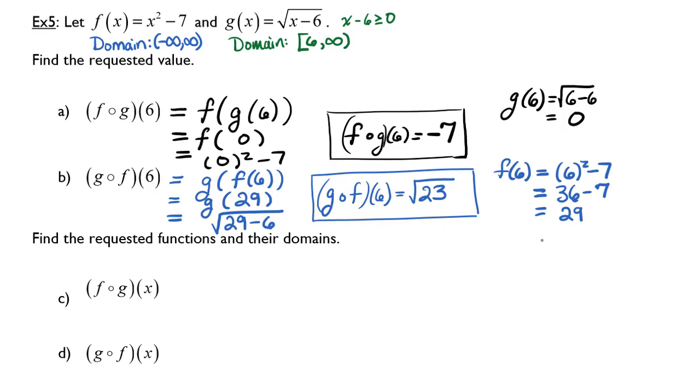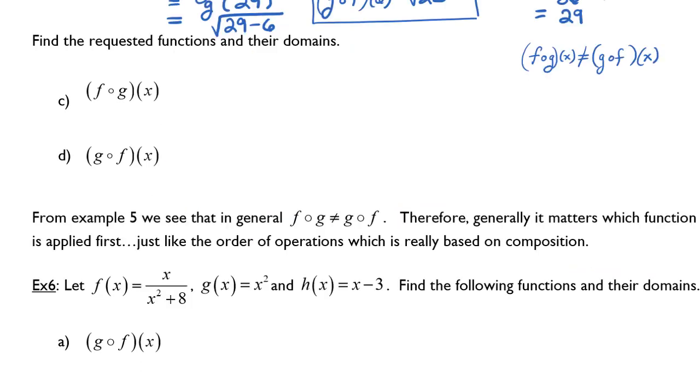The hypothesis might be that f of g of x does not necessarily equal g of f of x. And if that is something you are thinking right now, that's a good thing to be thinking, because that's actually quite true. Let's find the requested functions and their domains.